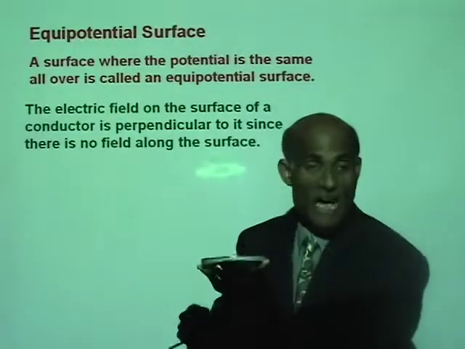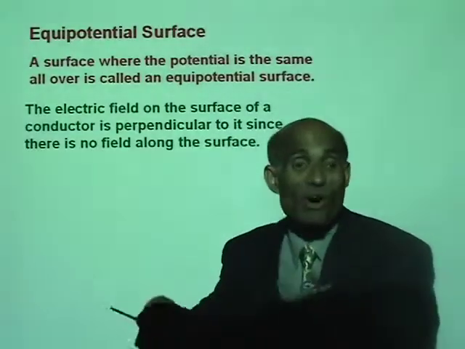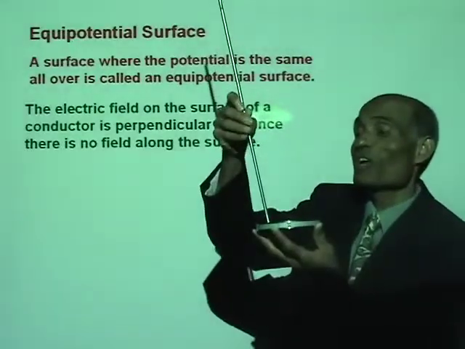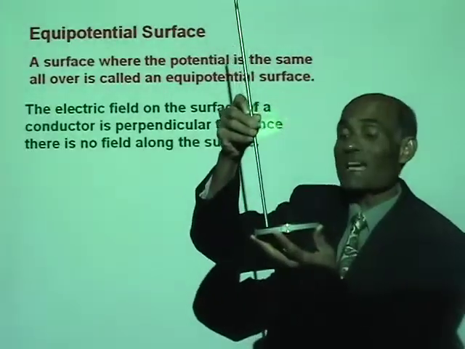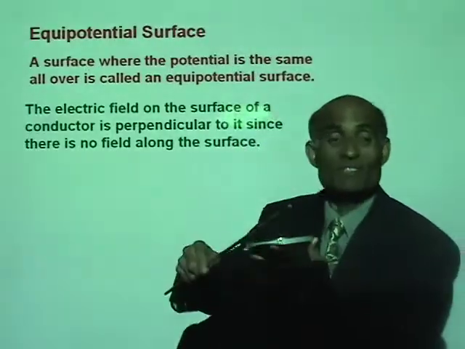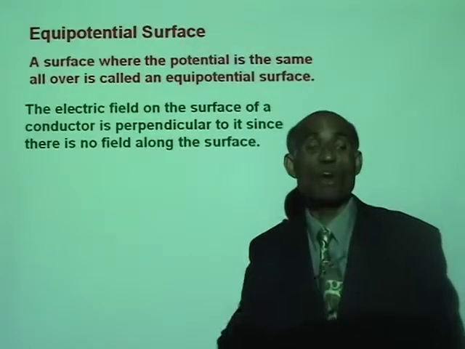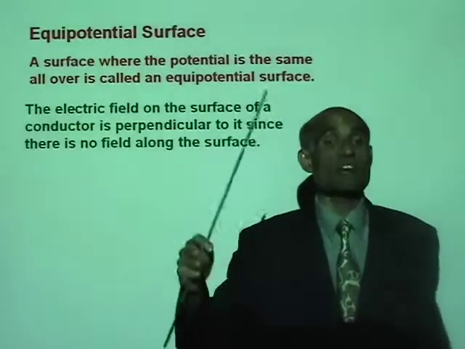And since it doesn't happen, there is no electric field along the surface. Means electric field is at right angles to a conductor. That means there is no electric field along the surface of a charged conductor.